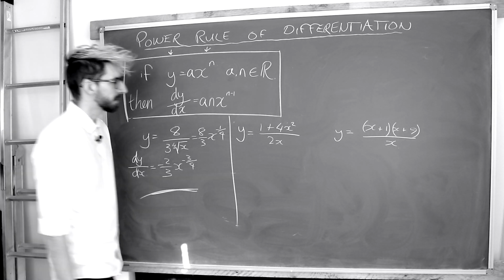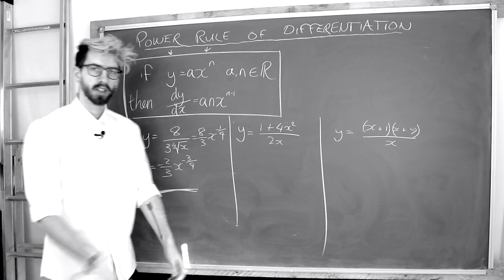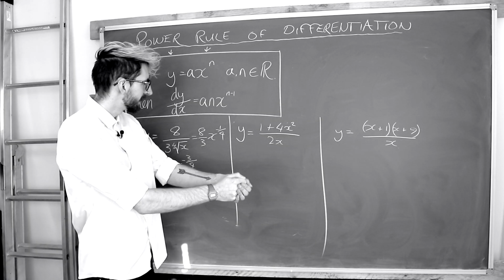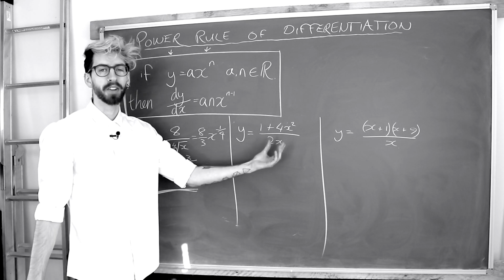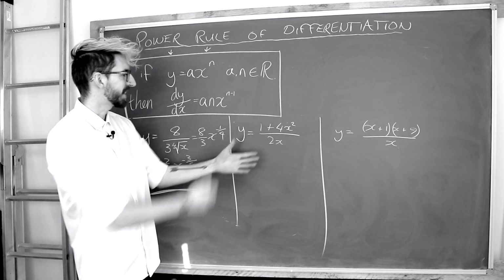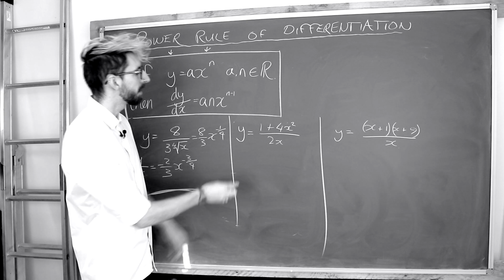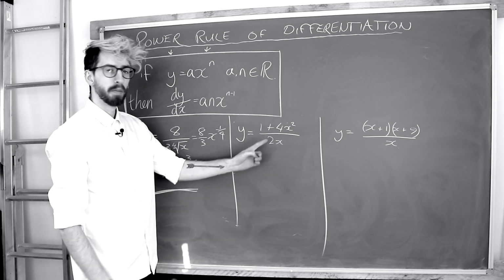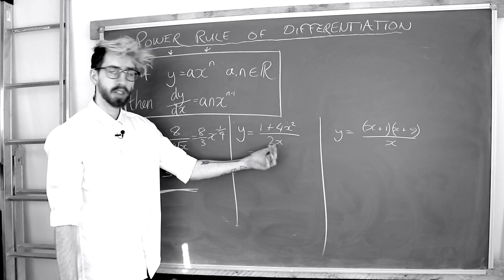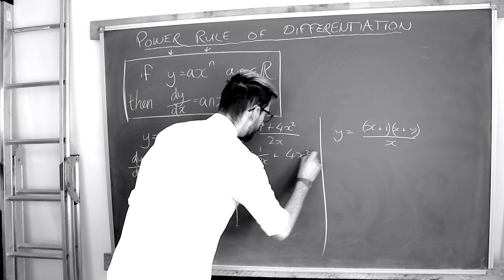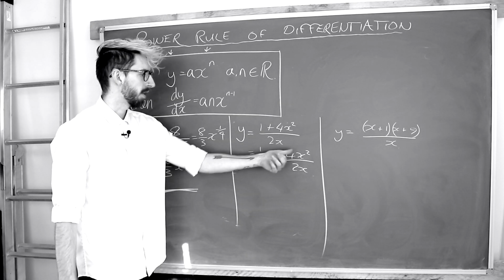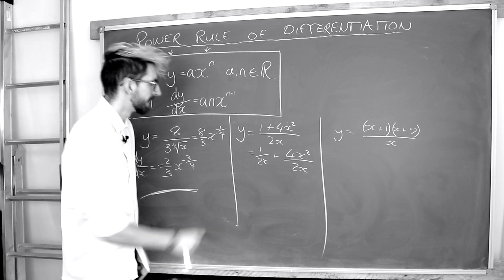Okay, let's have a look at this next one. We can't do it directly because there's a 2x on the bottom, and that's shared between the two terms. So we're going to break up this fraction because it's 2x on the denominator. 1 over 2x plus 4x squared over 2x, easy as that.